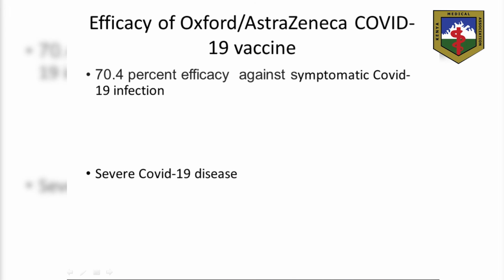The Oxford vaccine provides 70.4% efficacy against symptomatic COVID-19 infection. Once you have gotten the COVID-19 vaccine, it does not mean that you won't contract the disease. You may contract it, but you won't get a severe case of COVID-19.